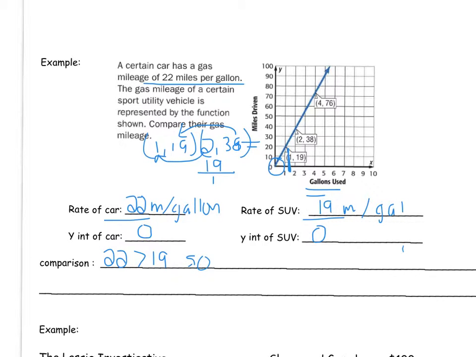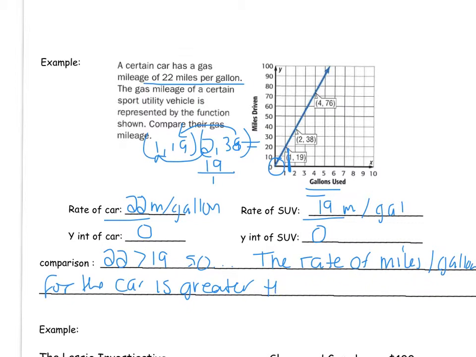So we can say the rate of miles per gallon for the car is greater than, so better than, the SUV.